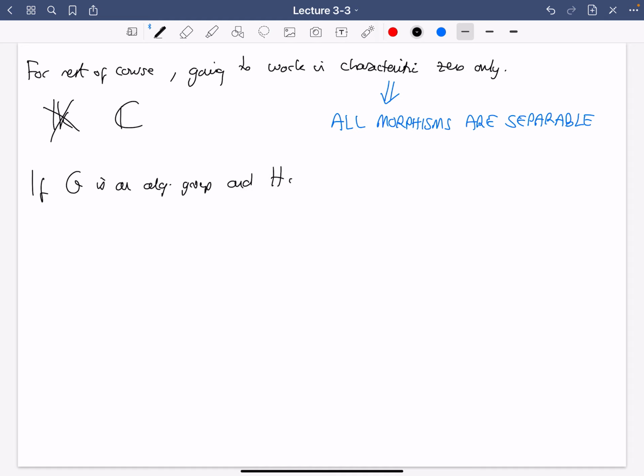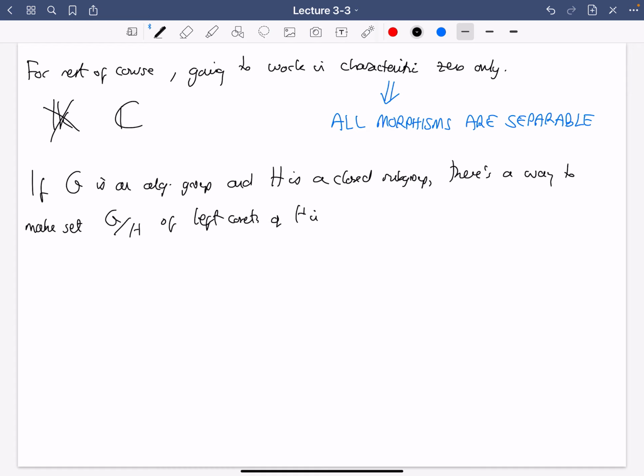and H is a closed subgroup, well, there's a way to make the set G over H of left cosets of H in G into a variety in its own right.